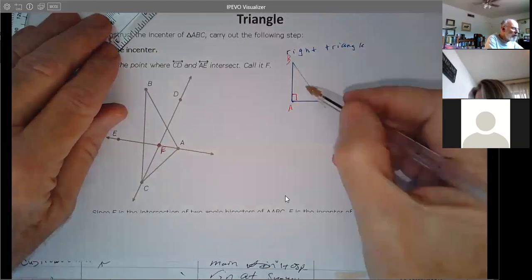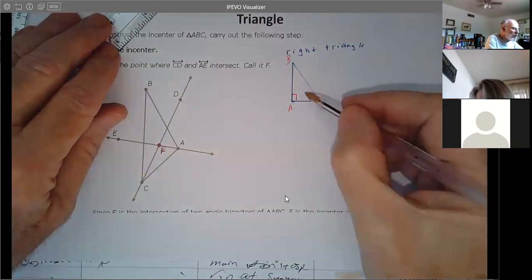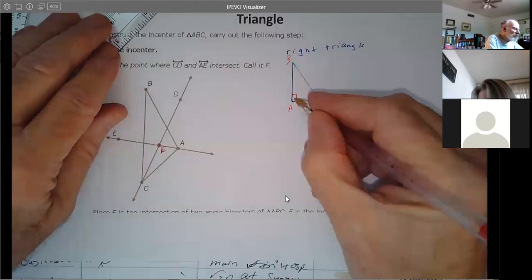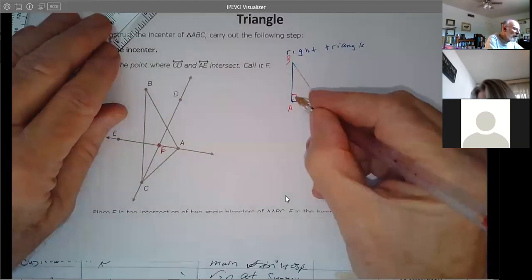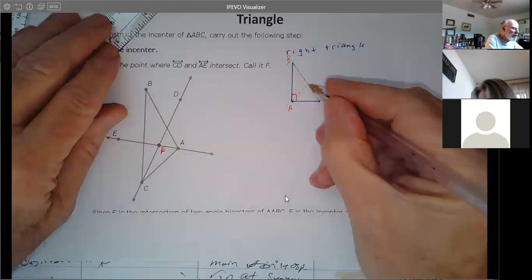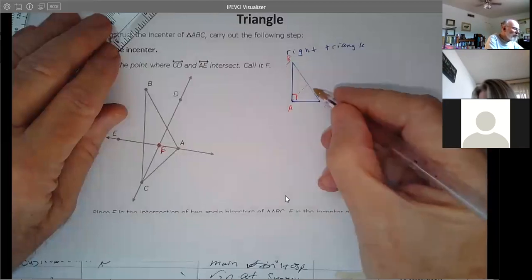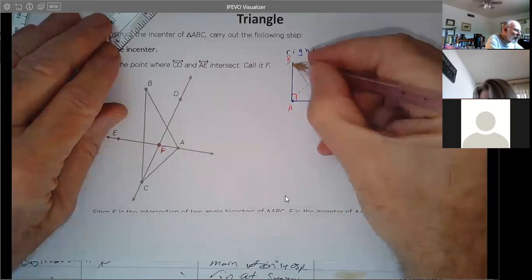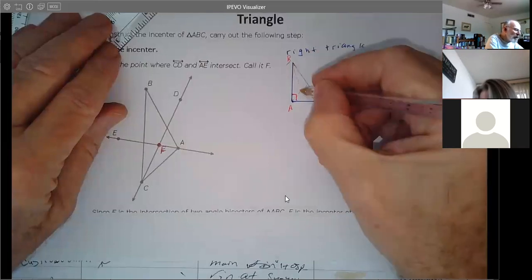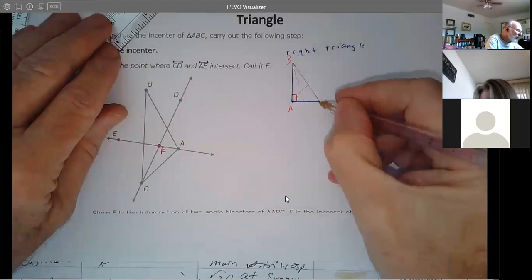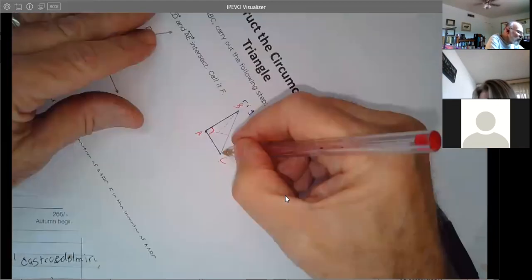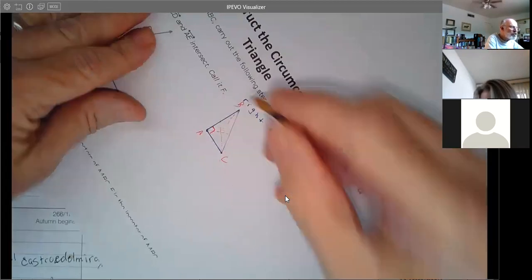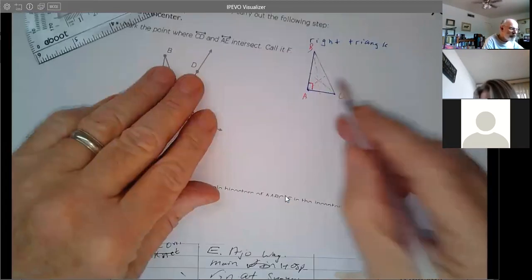Okay, so I want to bisect this angle. Roughly speaking, just guessing, I bisected angle A, and then bisected angle B, and so roughly speaking, that should be the center of the circle.